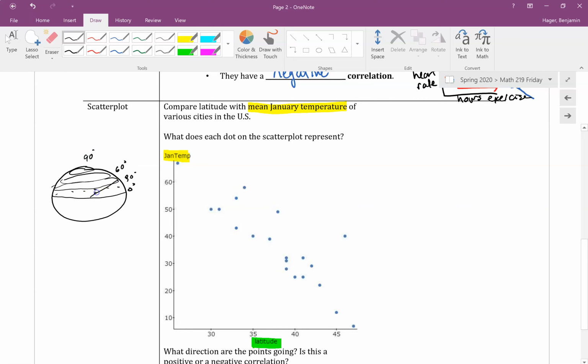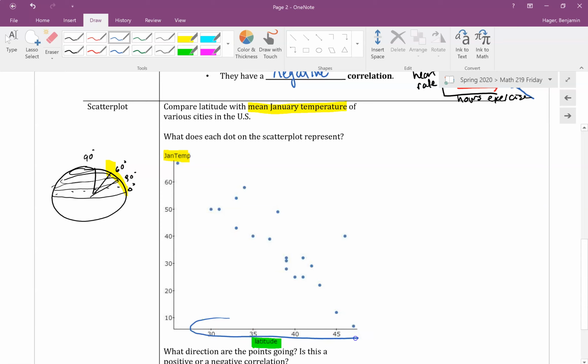And I think it makes sense to us that if you go higher in latitude, closer and closer to the poles, you're getting colder in January. And so that's exactly what we're seeing in here.